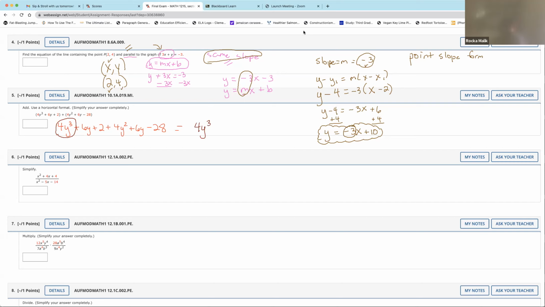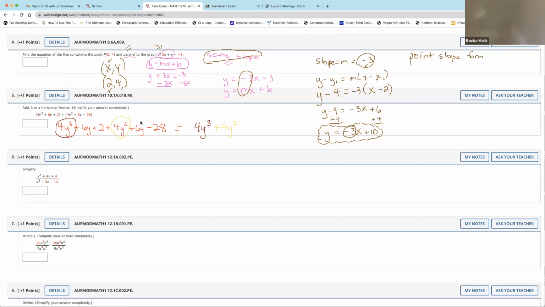And I'll go to the square. I want to go down by 1: y cubed, y squared, y, and then just a number. Y squared, I only have one term, so plus 4y squared.